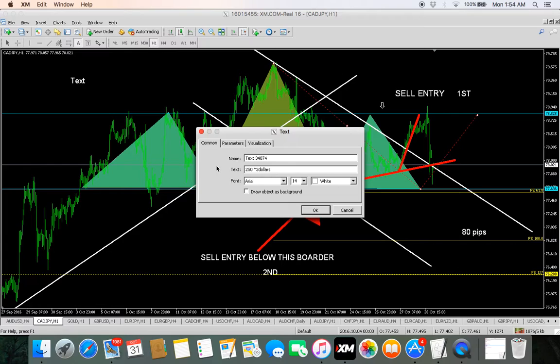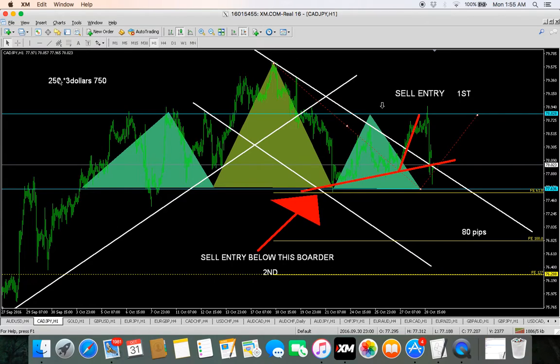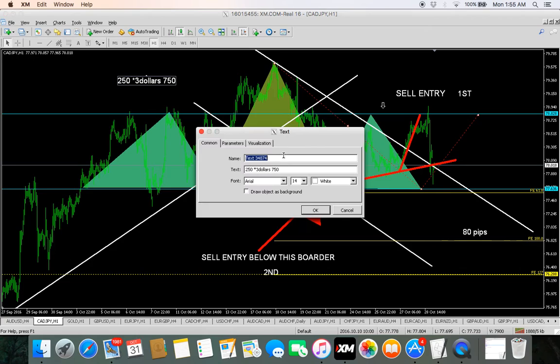Okay, let's take a calculator and see how much that is. Okay, one trade gives us 750, guys. Wouldn't you like to make $750 by just one trade? I think that's a good thing. Yes, guys, it just needs skill and discipline.